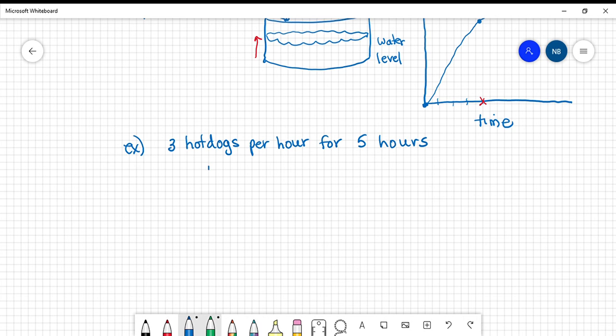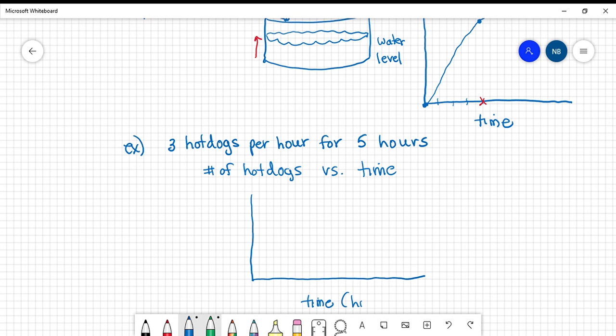Close. So we're going to do number of hot dogs versus time. Now, guess what the independent variable is? Time. We have no control over time. It just keeps on going. So this is time. And because he eats 3 hot dogs per hour, we're going to measure time in hours.